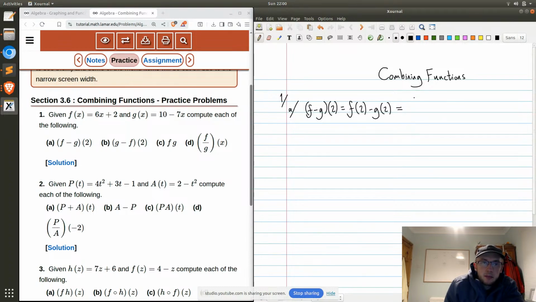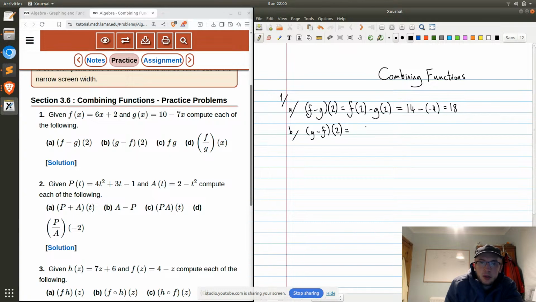And f of 2 is 14. And g of 2 is negative 4. But hold on just a minute now. Be careful, because we are to subtract negative 4. In fact, the output will be 18. And now we are to compute (g minus f) of 2.